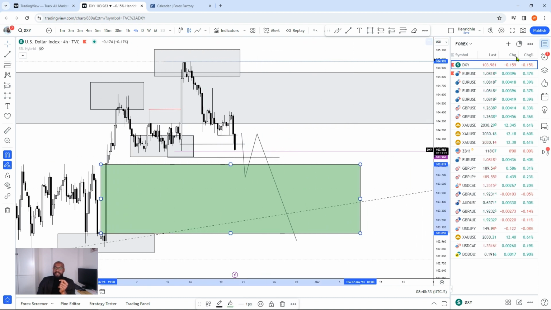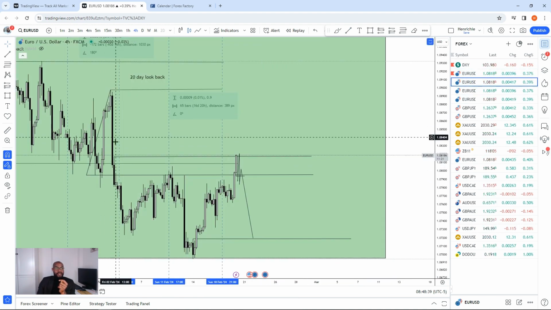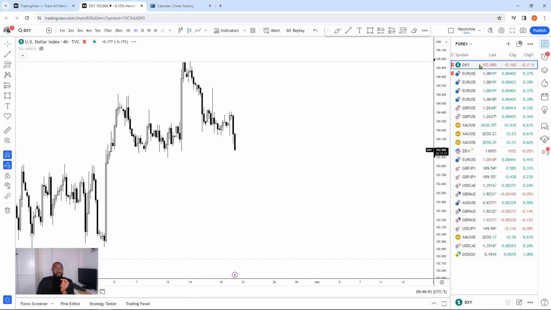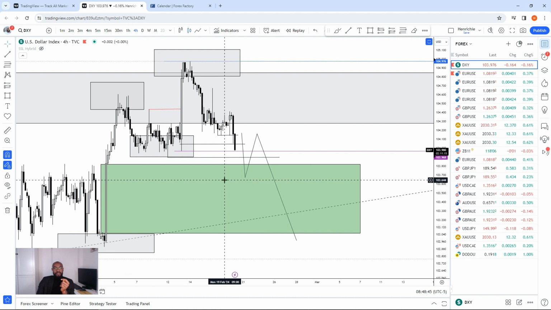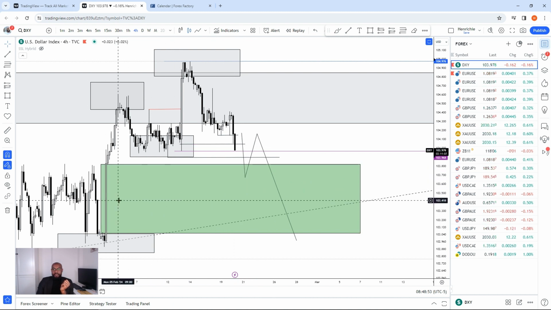It's the similar position that Euro US dollar just tapped into. You can see that right there. So Euro US dollar tapped into the inefficiency, very similar price action on the dollar, but dollar hasn't tapped that position. Dollar is very lethargic in going to the downside to tap into that position.